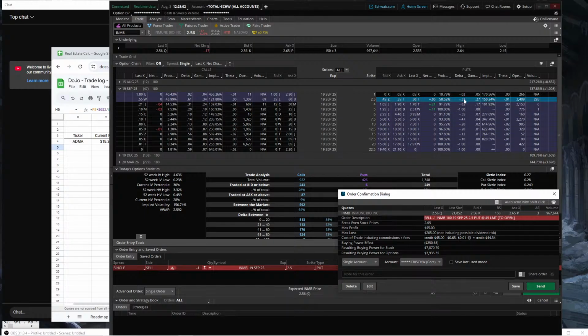Because it's 37 delta though, 58% chance in the money. Yeah, it's risky. It's very risky.